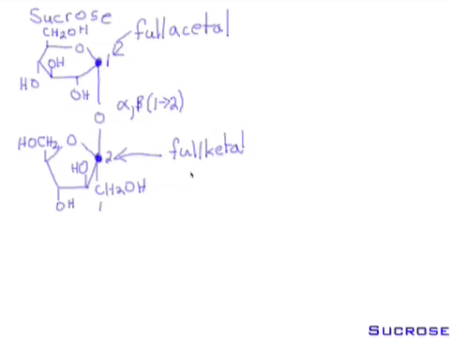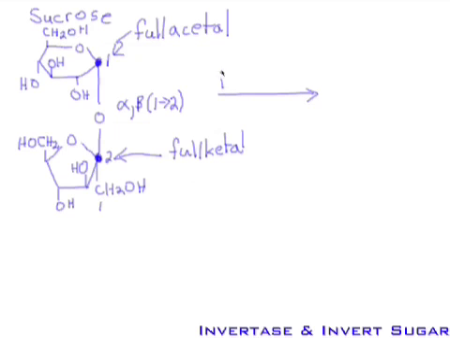Now, table sugar is isolated from sugar beets, sugar cane, maple sugar. Sucrose can be hydrolyzed by the enzyme invertase to both alpha-D-glucopyranose and beta-D fructofuranose. So this enzyme can cleave this linkage.